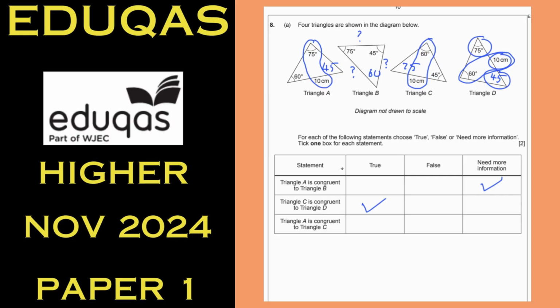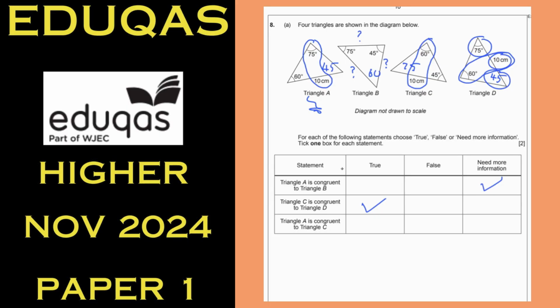When it comes to A and C, though, in A the 75 is opposite the 10. The 60 is opposite the 10. It might sound weird, but if you try to cut them both out of paper, you will not be able to flip them around, turn them over, and exactly match them up so they lie perfectly on top of each other.